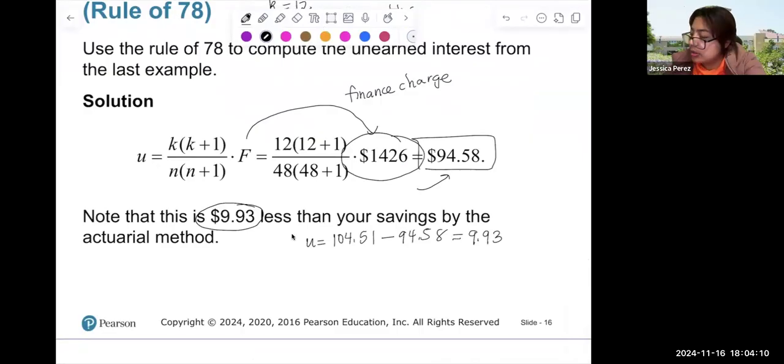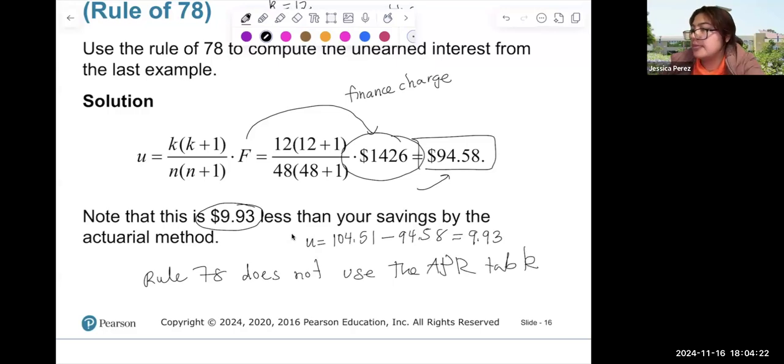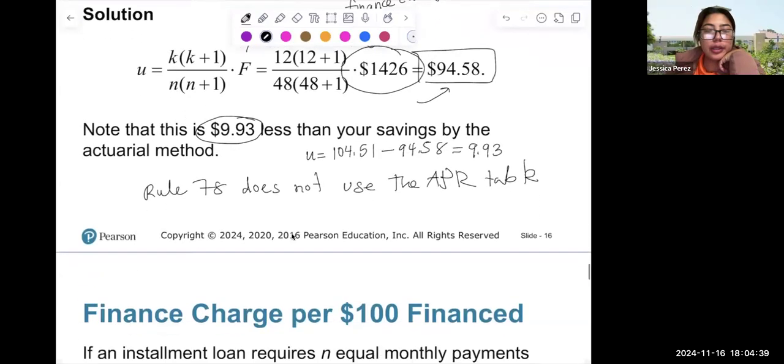Okay. So the Rule of 78 does not use the APR table, whereas on the first part, which was the actuarial method, you do have to.